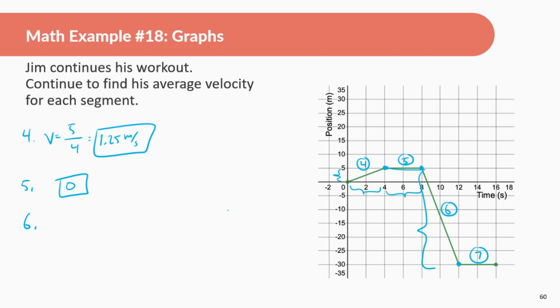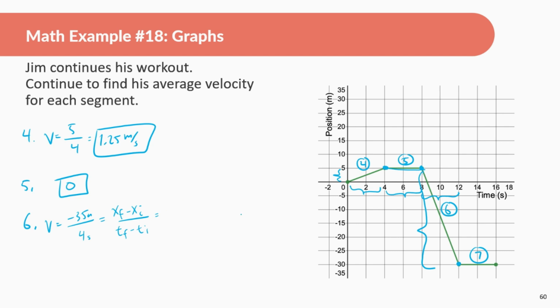Its change is -35, so it's going down 35 from where it started. So I'm going to do -35 divided by the run, which is going from 8 to 12, which is 4 seconds. Since this one's a little bit confusing, I'm going to write it all out. Velocity is equal to the final position minus the initial position, or the displacement, divided by the final time minus the initial time.